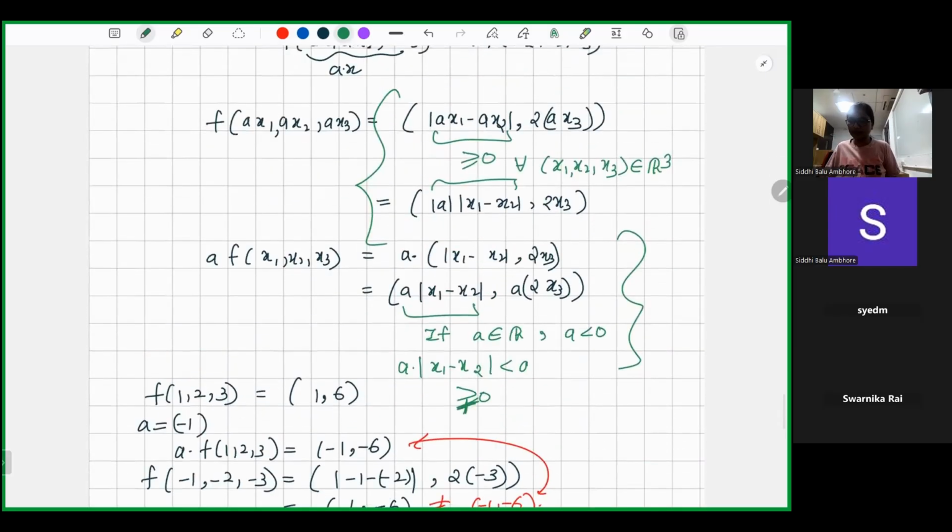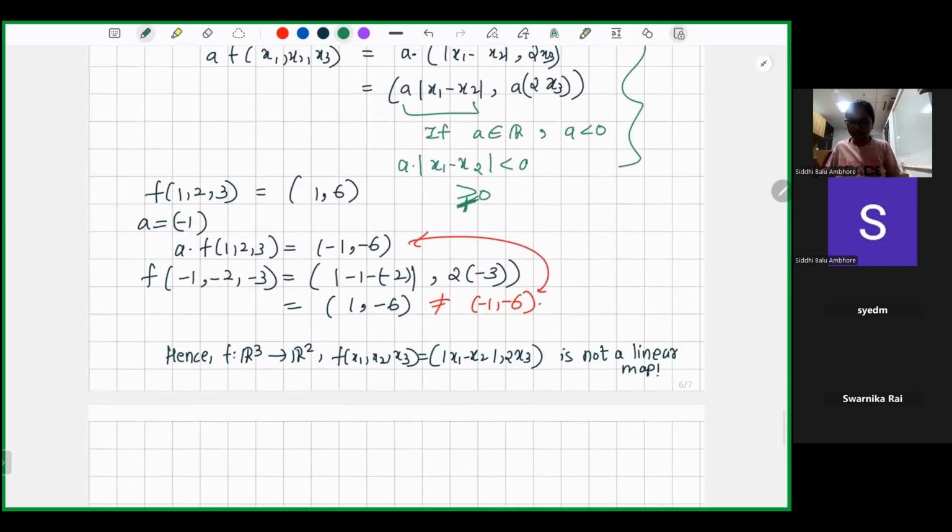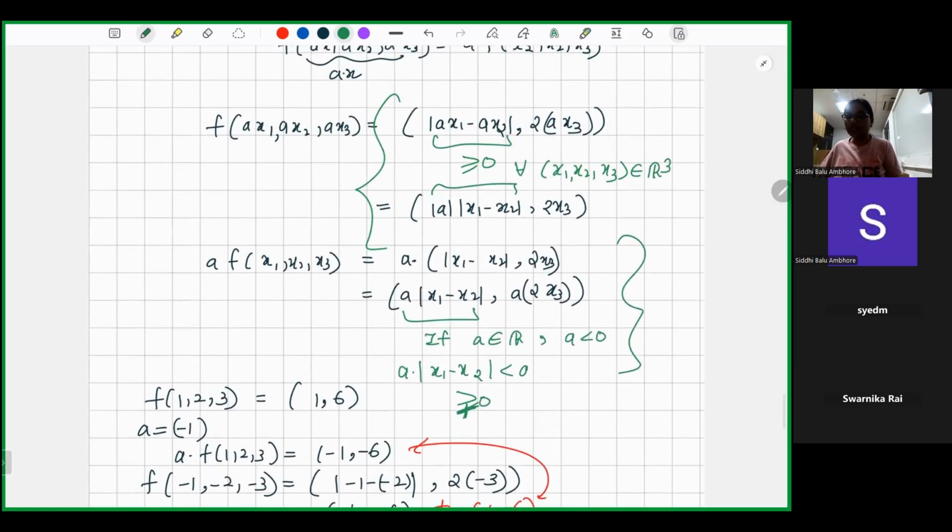And then here you said if a belongs to R, then a must be less than 0, then a multiplication of x1 minus x2 should be less than 0. But above, we are telling that it should be greater than or equal to 0. Exactly. So that's the contradiction, this won't hold. That's why this map is not a linear map, because that's not happening.